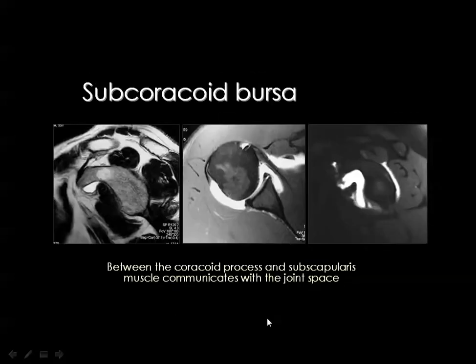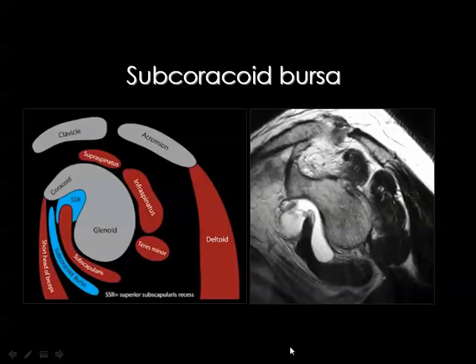Then the subcoracoid bursa, you remember that this area is known as the superior subscapularis recess, and this recess is continuous with the joint, meaning that if the joint is containing fluid, then this recess will also accumulate fluid. But the subcoracoid bursa is present outside the subscapularis muscle, and you remember this drawing, and you can see the coracoid process.